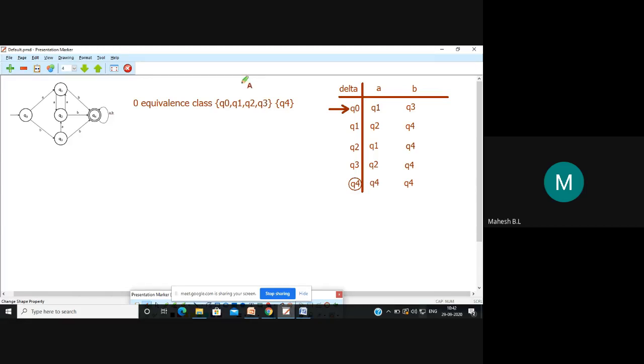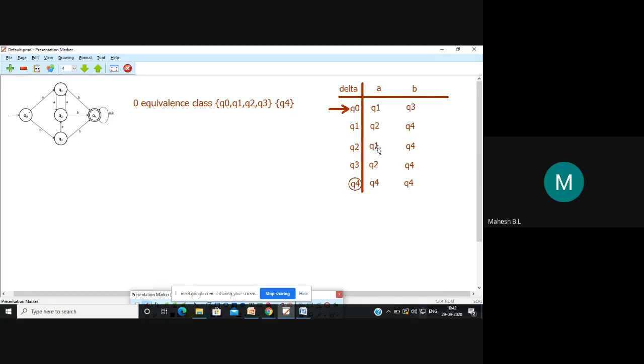Q0 on A and B goes to Q1, Q3, which are in this class itself. Then Q1 goes to Q2, Q4: one is in this class, one is in another class.